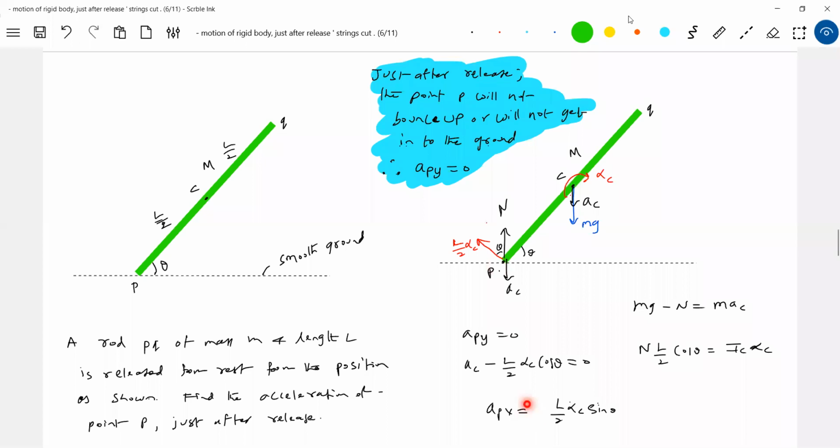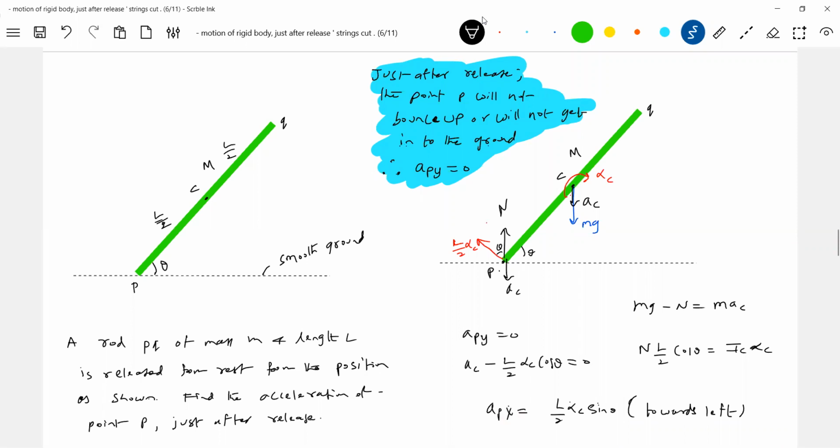Because a_Px is towards the left here. We are not going to assume friction blindly. We should have this background. Solving equations 1, 2, 3 will give the required answers.